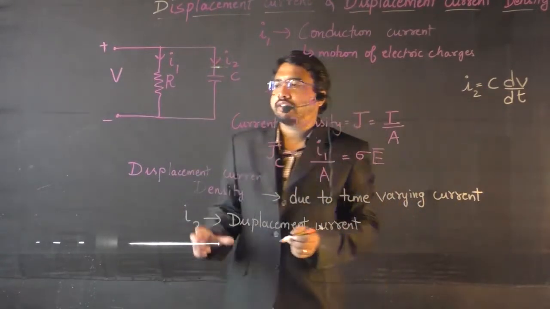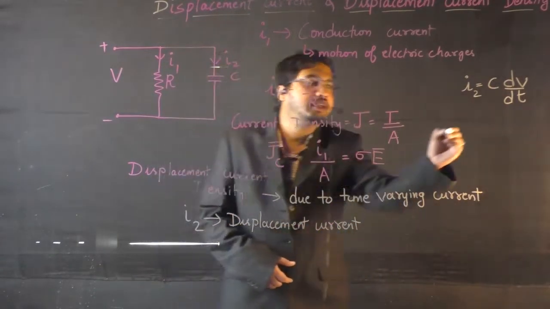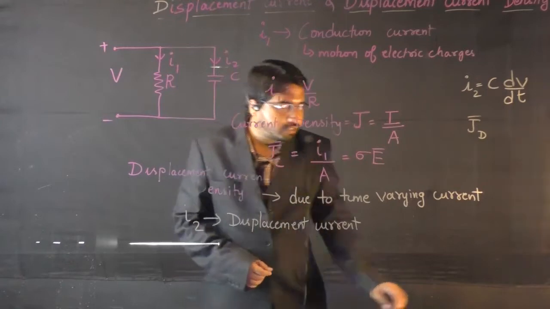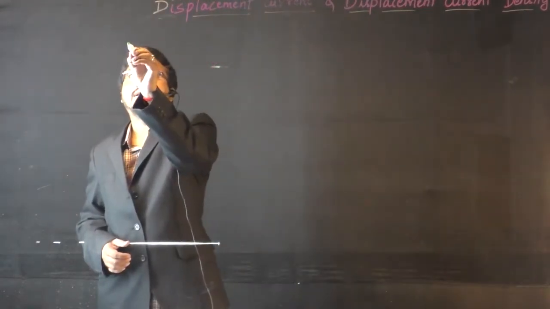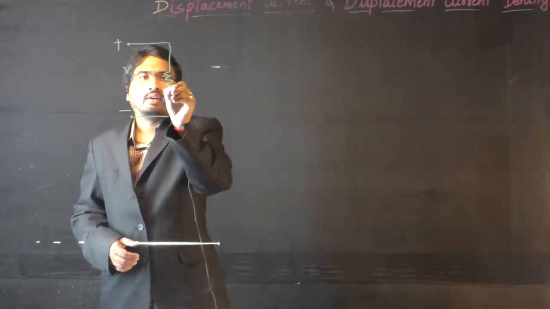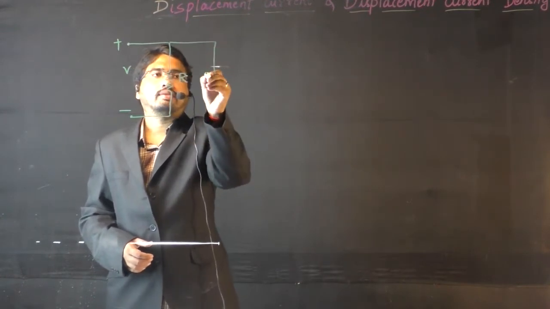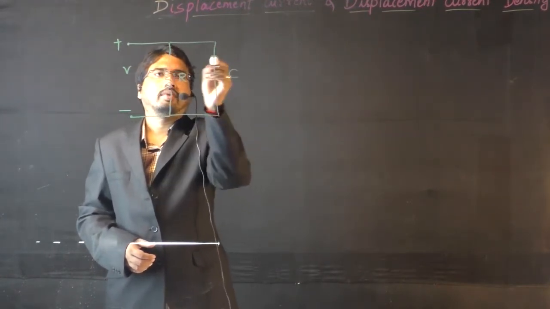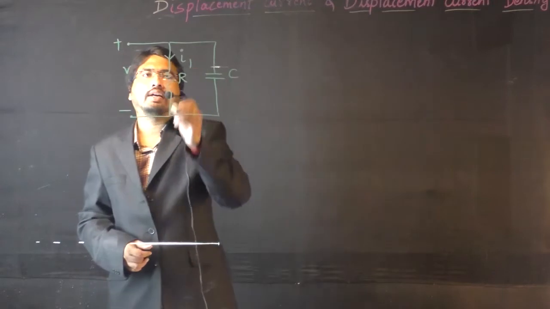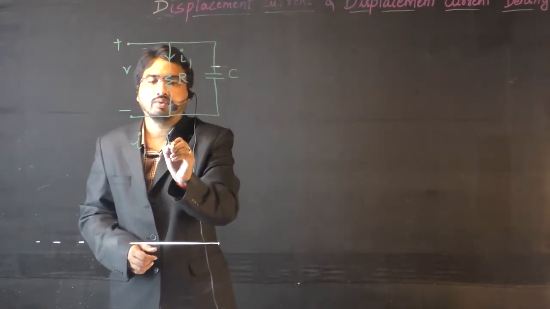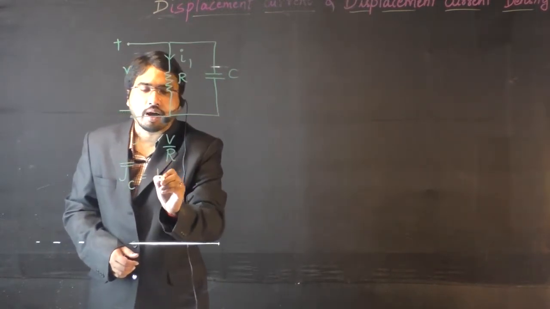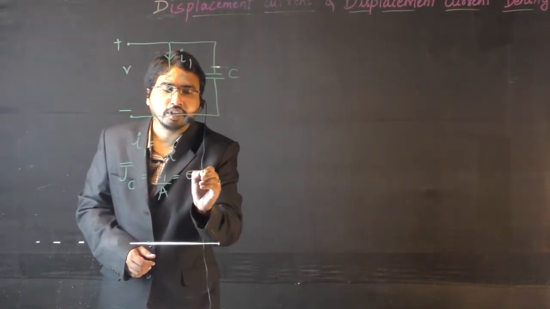Now let us solve for the expression for displacement current density, which is generally denoted as JD bar. For deriving this, let us do a small simple derivation. So we have considered this circuit, a simple parallel RC circuit with a supply voltage V. Already we have seen that the first branch current I1 is the normal conduction current, given by I1 equal to V by R. This conduction current will result in a conduction current density of I1 by A, which is equal to sigma E bar.